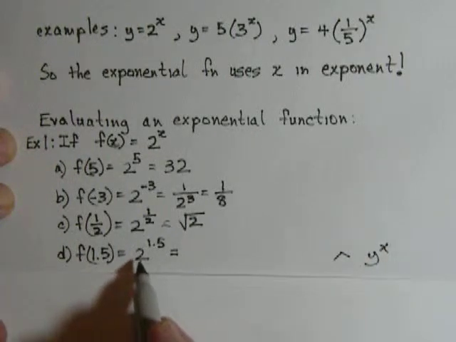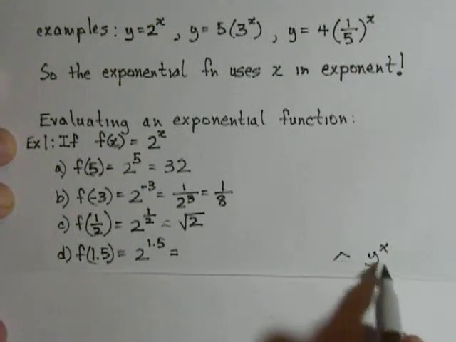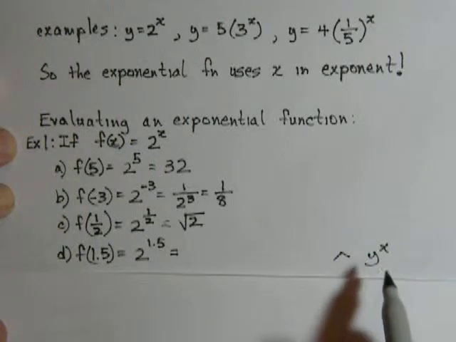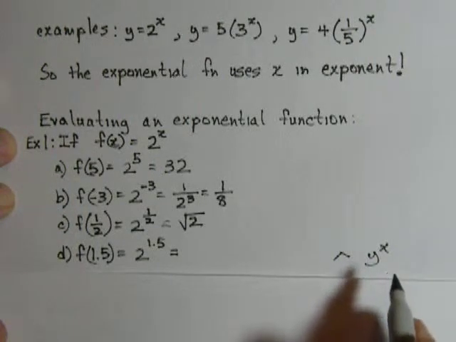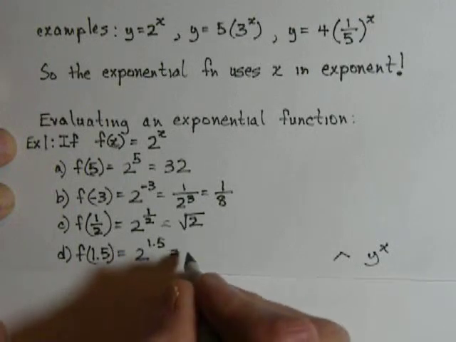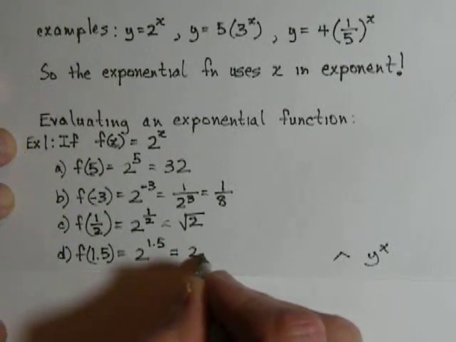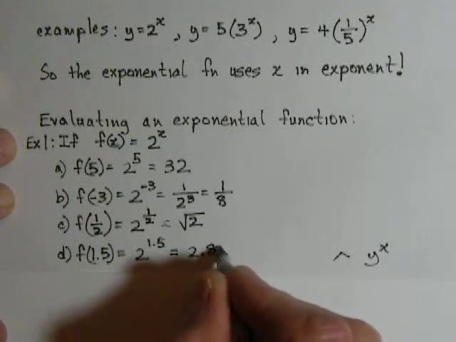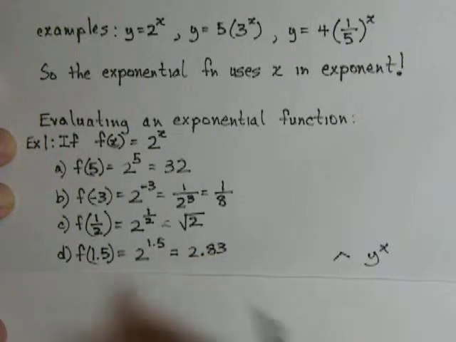And basically you'll input 2, press this button, and then enter your 1.5. So you're raising 2 to the 1.5 power, and the answer you're going to get there is 2.82 something. I'll round it to 2.83. So the answer to that is approximately 2.83.